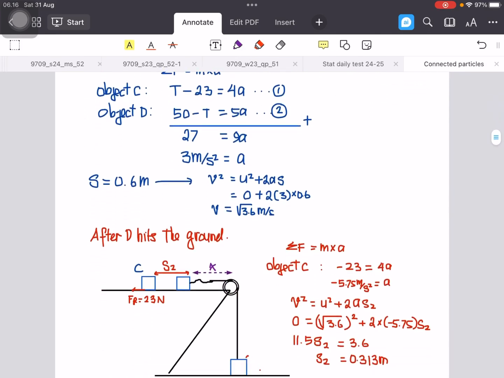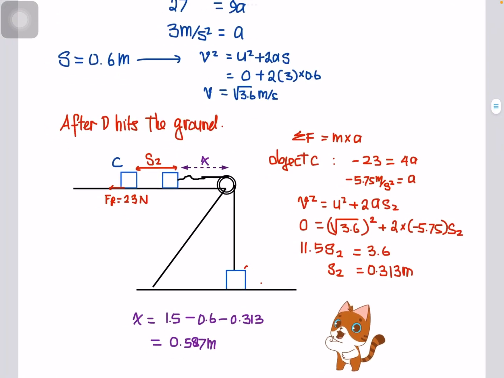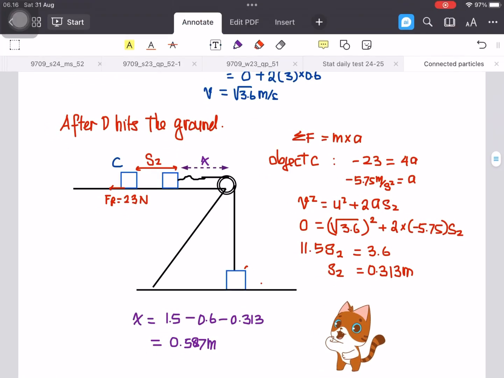Now after D hits the ground, the string becomes slack and there is no more tension. So particle D is on the ground now, but particle C continues its movement to the right, but with a different acceleration.